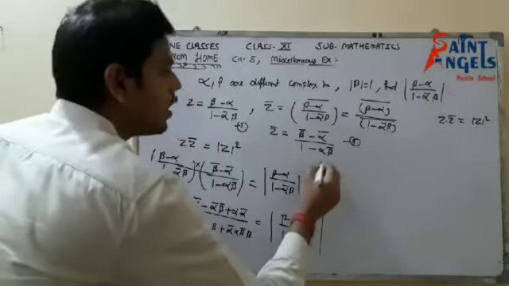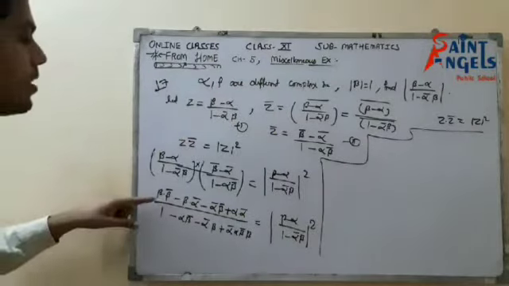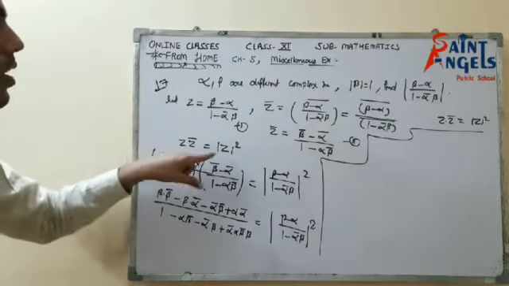Okay students, I think till here there is no problem. But we know that z into z bar is equal to what? Z square.